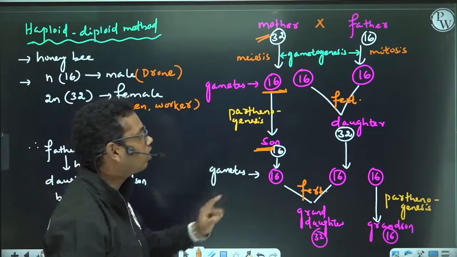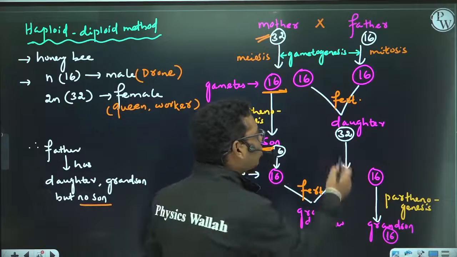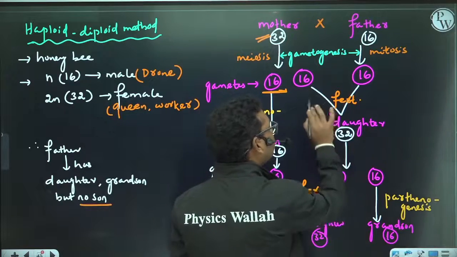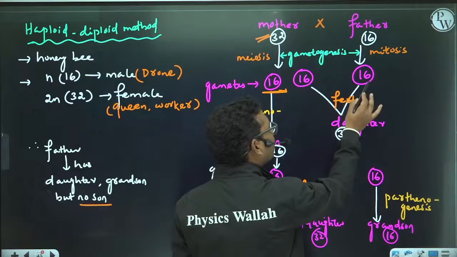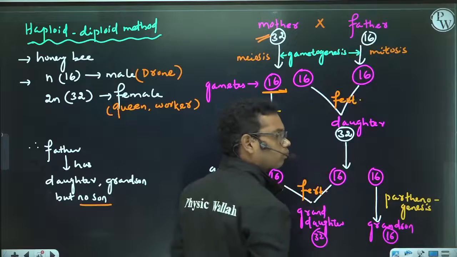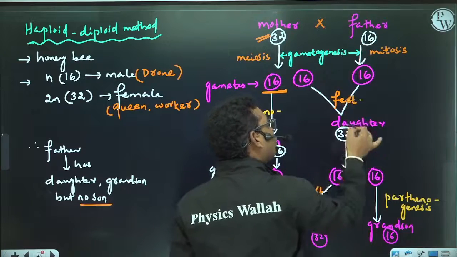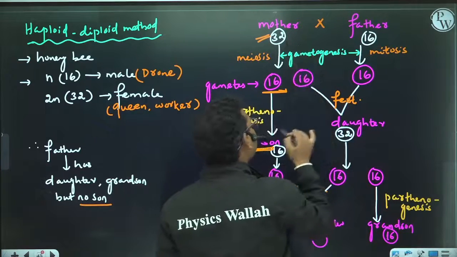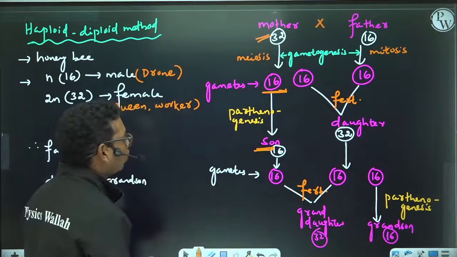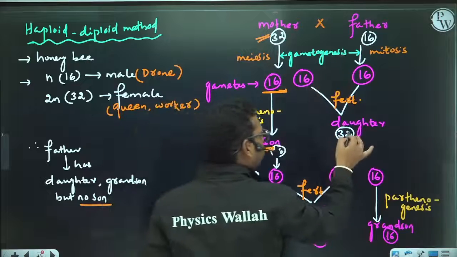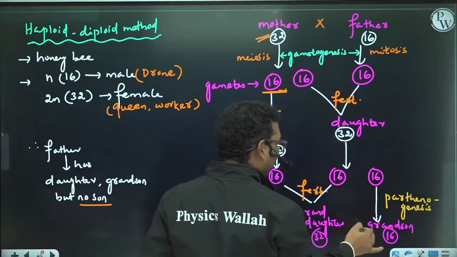But the father has a daughter. Why? Because this daughter is obtained from the fertilization of the female gamete, and the male gamete comes from the father. That is why I will say father has a daughter. The mother has a son as well as a daughter. Clear? Now, this father has a daughter and from this daughter a grandson is produced.